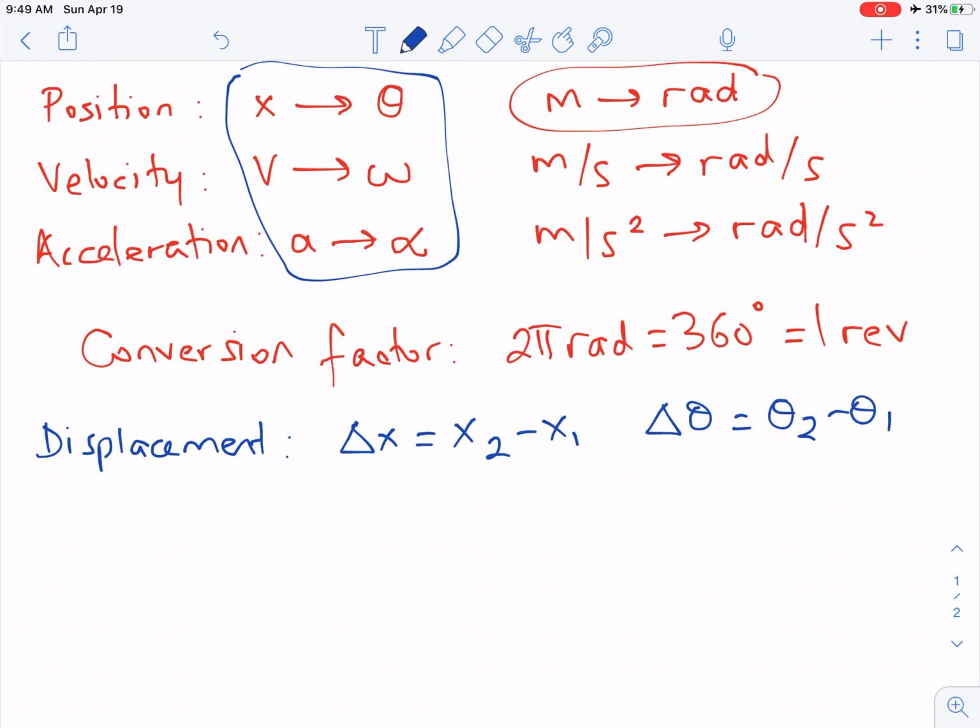Now if we define the angular velocity, we looked at the velocity in 2 different forms, right? Average velocity and instantaneous velocity. We show the average velocity as v bar, and that was delta x over delta t.